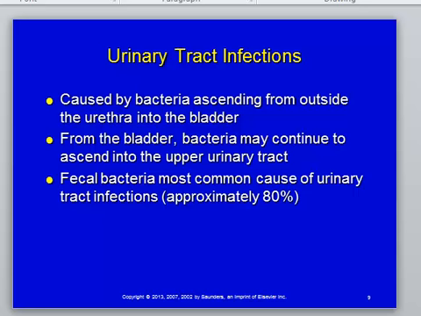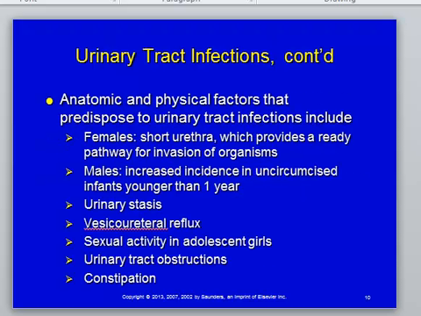And from the bladder, bacteria may continue to ascend into the upper urinary tract. Usually fecal bacteria is the most common cause of UTIs, approximately 80%.